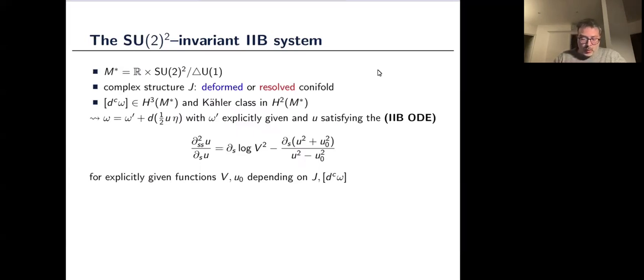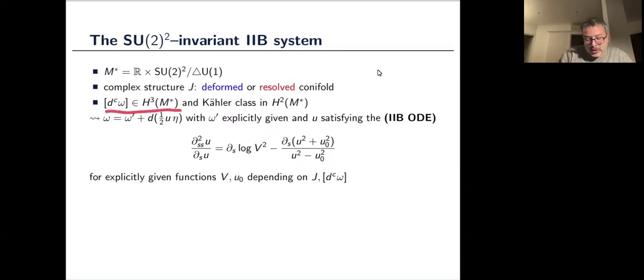We want to look for SU2 times SU2 invariant solutions of this 2B system, at least on this dense open set. If I'm assuming symmetry, there's only one free parameter, so I want to reduce my PDE system to a system of ordinary differential equations. There are some obvious background, topological choices that you need to make.